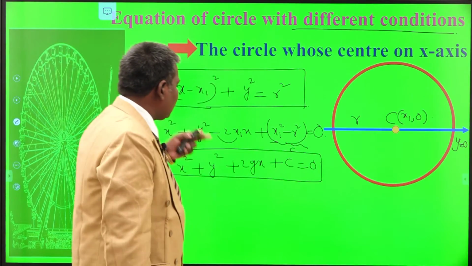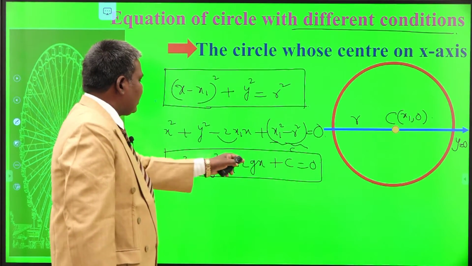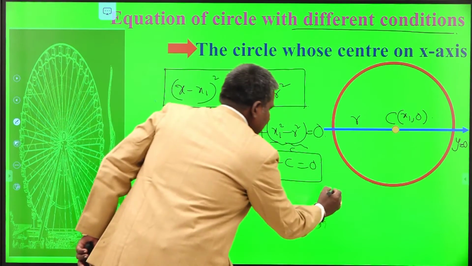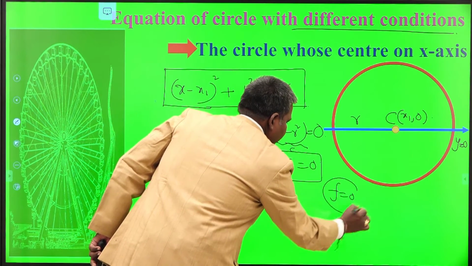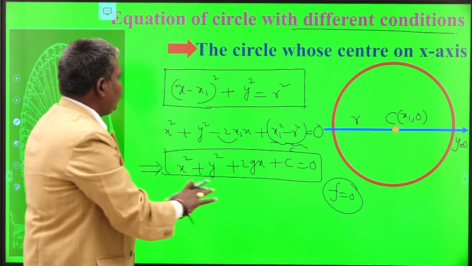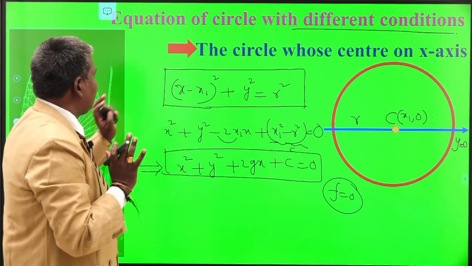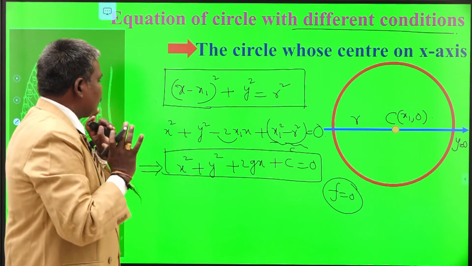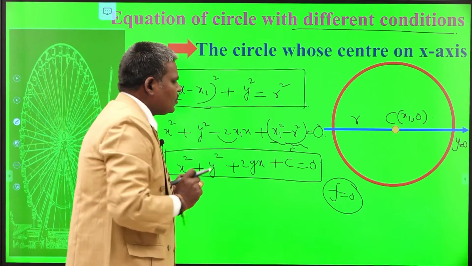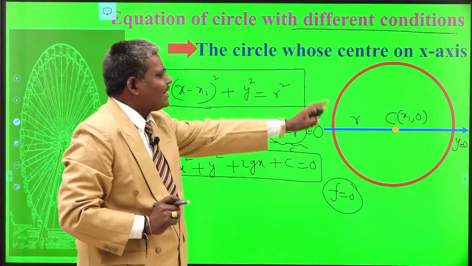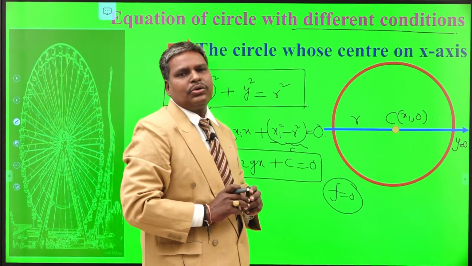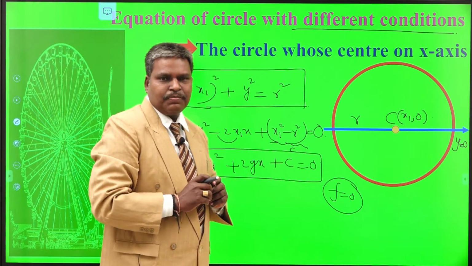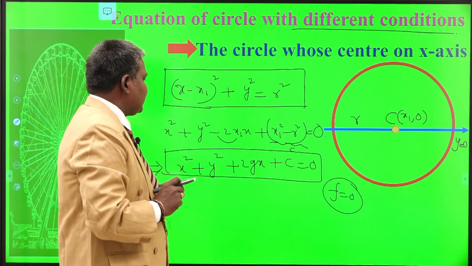When you compare to the main standard equation, what is happening here? Here g is there, and f equals 0. So we conclude from the theorem, or the condition, that if S equal to 0 has its center on the x-axis, the condition is f equal to 0. This is the condition I am explaining here.